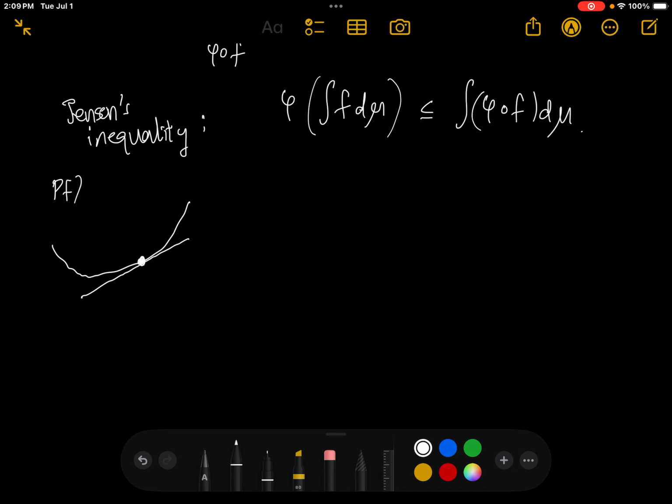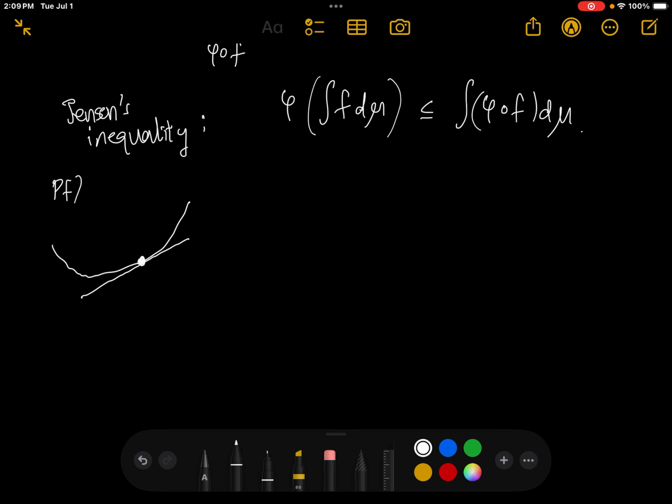Similarly, to the left of the intersection point, the slope of the graph is going to be less than the slope of the tangent line, but in order for them to intersect, it had to have been the case that the graph of the function is above the tangent line. That's not a proof, but it's the intuition behind why it's plausible that this is true.